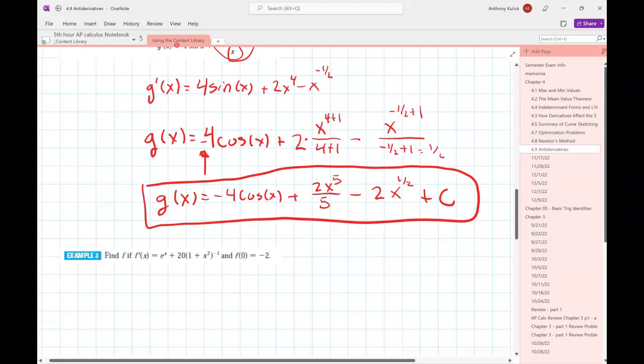All right. Let's take a look at example 3 here. It says if f prime is equal to e to the x plus 20 times 1 plus x squared to the negative 1, and f of 0 is equal to negative 2.